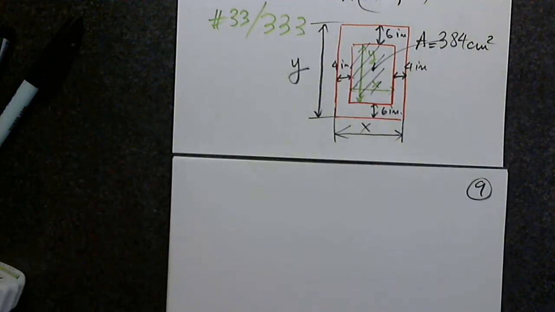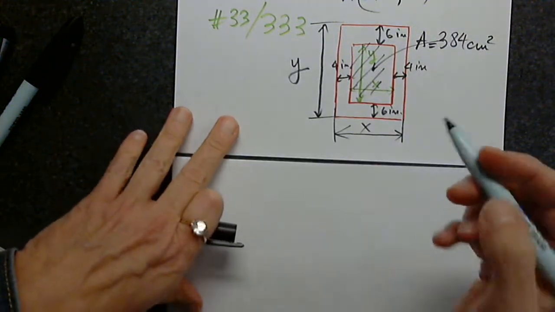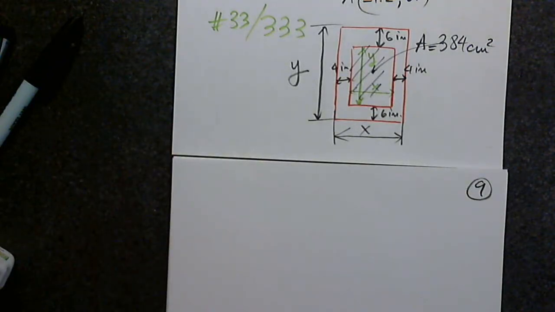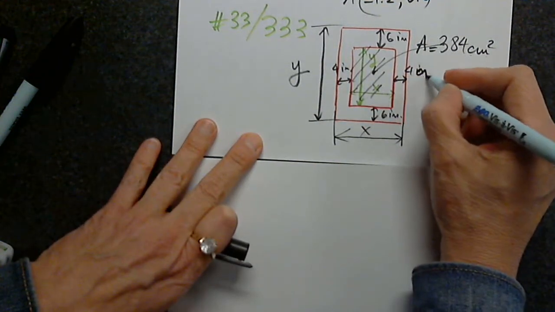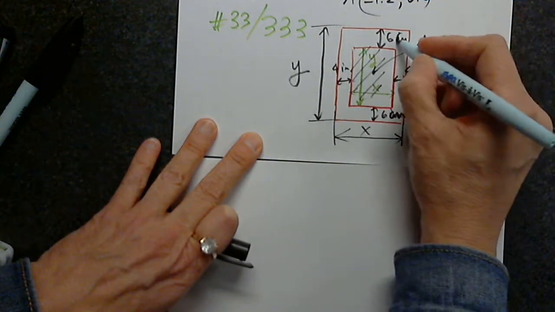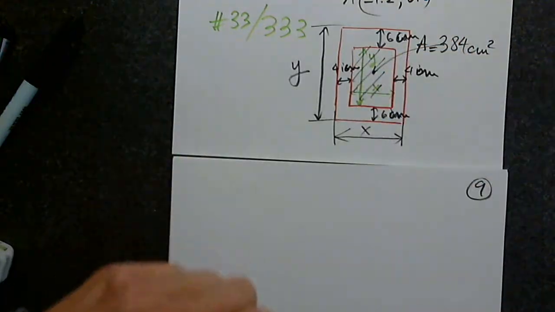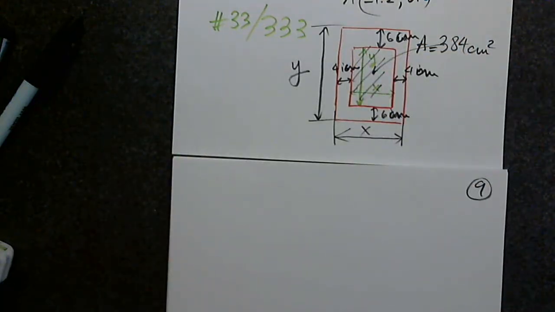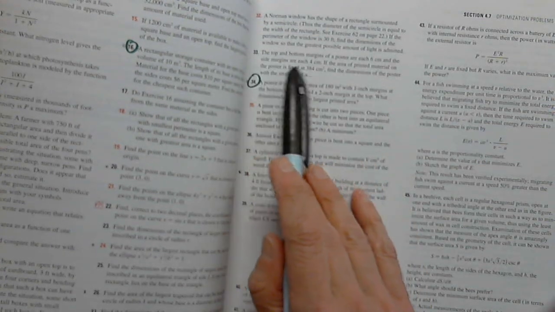The printed area. Yes, we are interested in the printed area. So the whole area is not 384, the printed area is. The inner strip. The top and bottom margins of a poster are 6 and the side margins are 4.